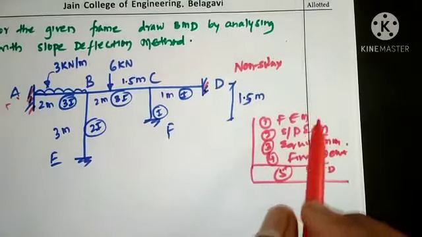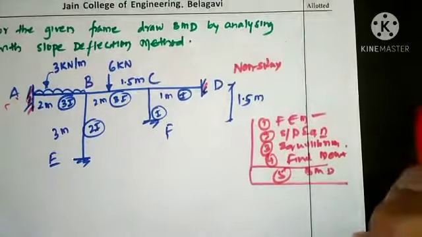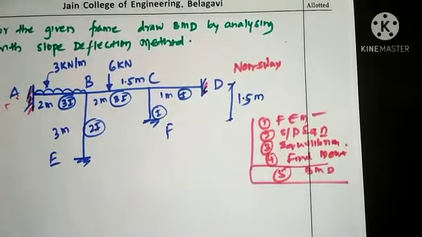To begin with, the fixed end moments are the fixed values that will be generated wherever the supports have been provided.